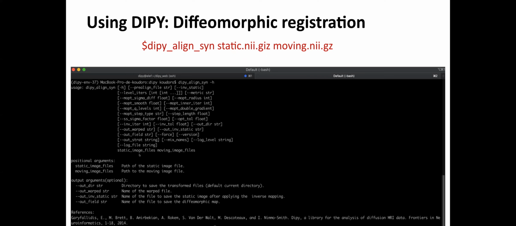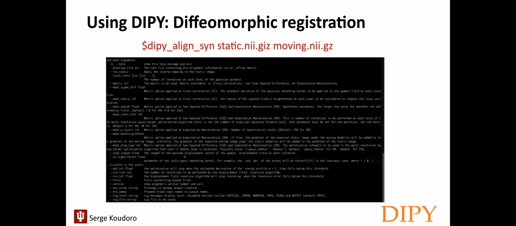Your static image can be a template, and then the moving image. If we look deeper at our optional arguments, you can see that this command line lets you access all the advanced parameters to fine-tune the algorithm. So you can have access to the level of iteration, which I talked about in part 2, and the metric, which usually we use cross correlation or sum of squared differences. You can fine-tune the metric with different parameters, and it will help you to apply this algorithm following your application and your data.